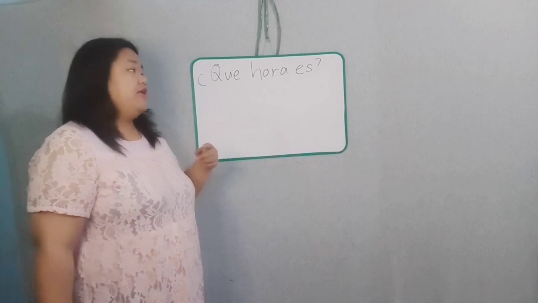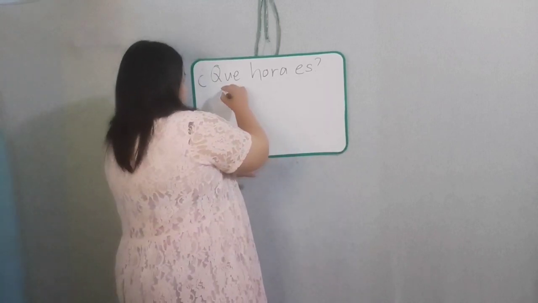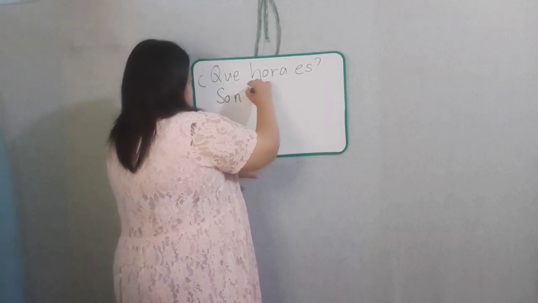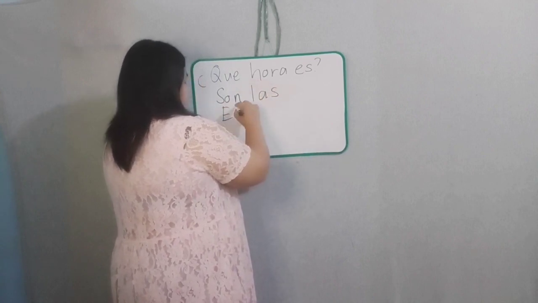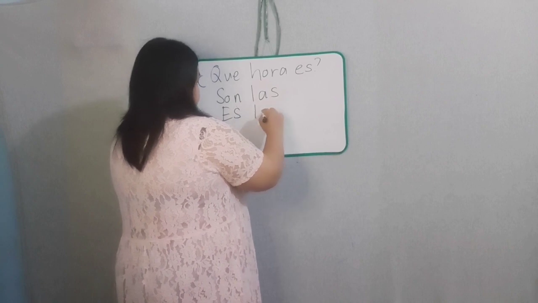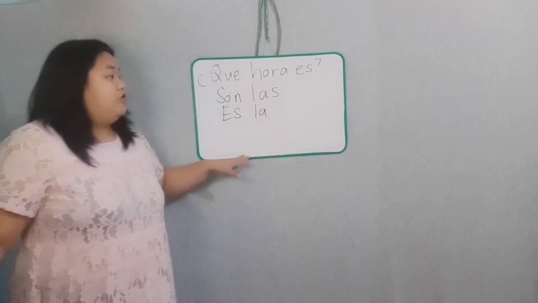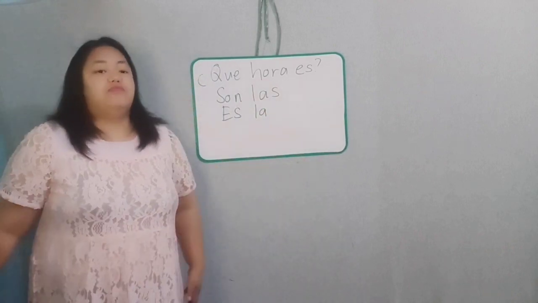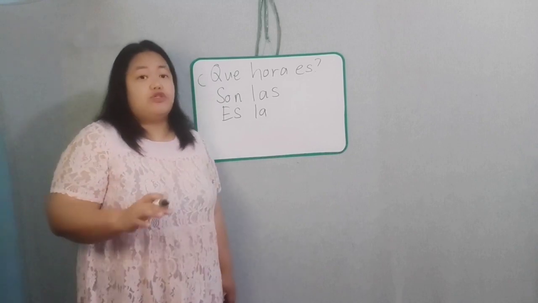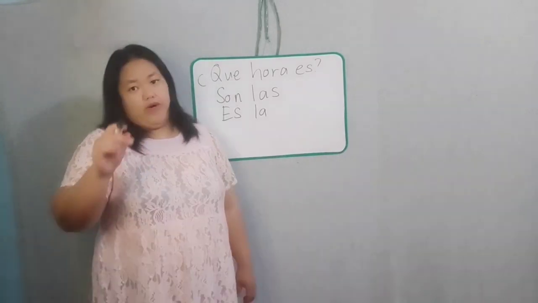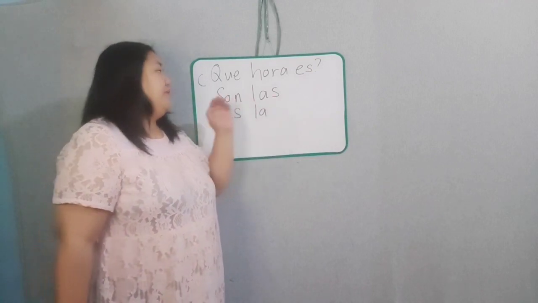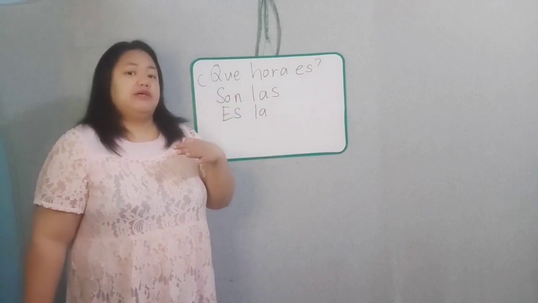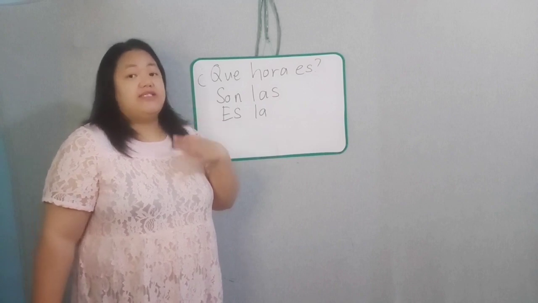There are 2 ways to answer it. Son las, and then es la. Now, let's start with the es la, because this is only used for 1 p.m. or 1 a.m. So, if somebody asks, ¿qué hora es? It's 1 p.m. Es la una.